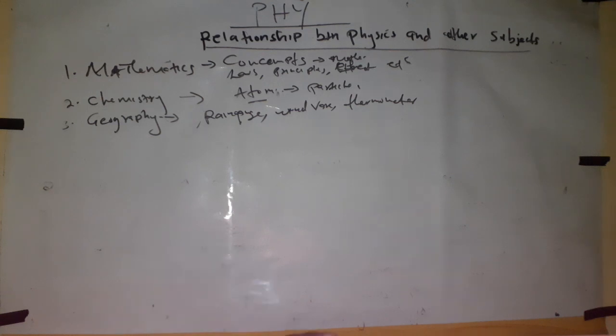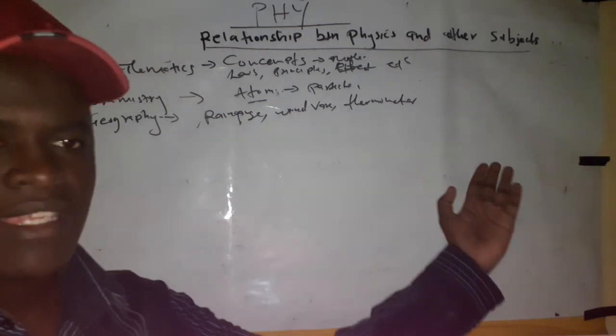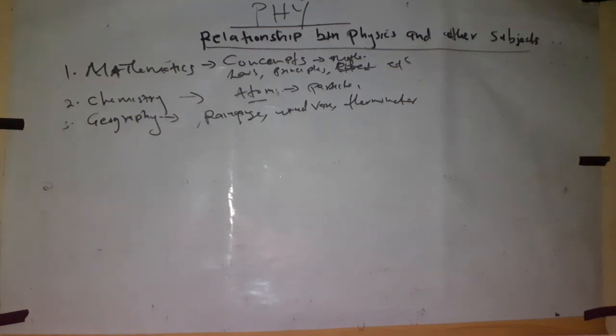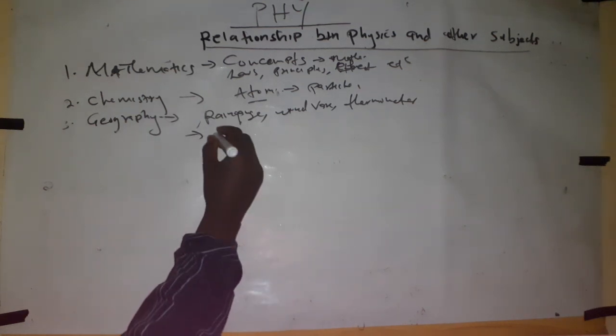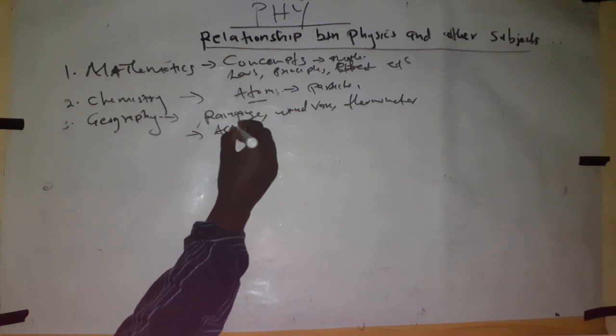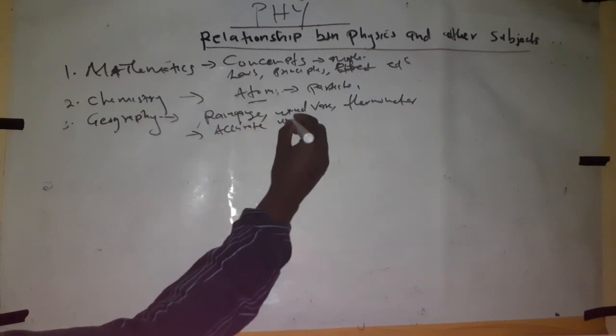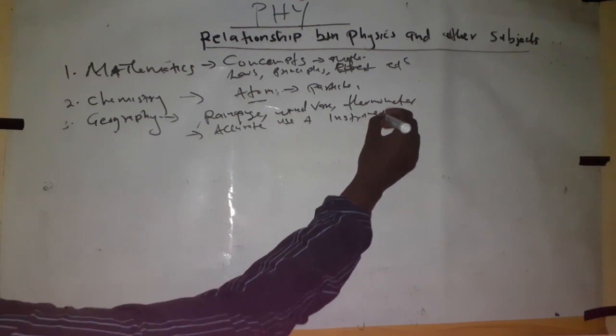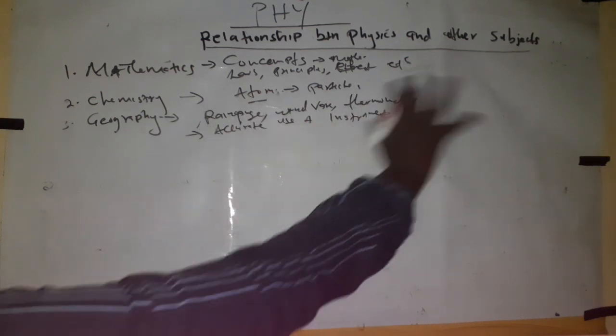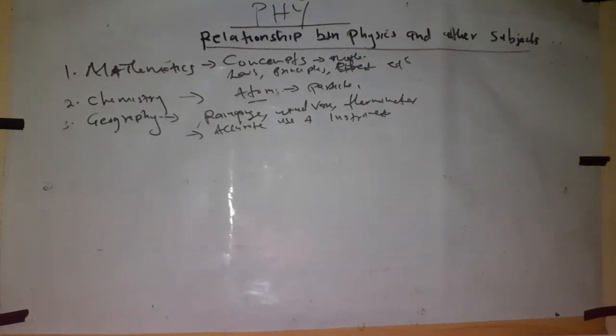The accurate use of these weather instruments requires physics knowledge. So therefore, we can say that geography is related to physics through the accurate use of weather instruments.